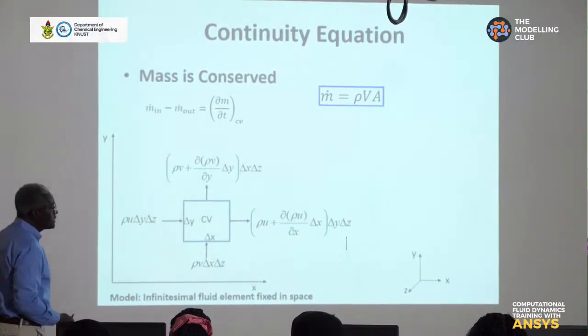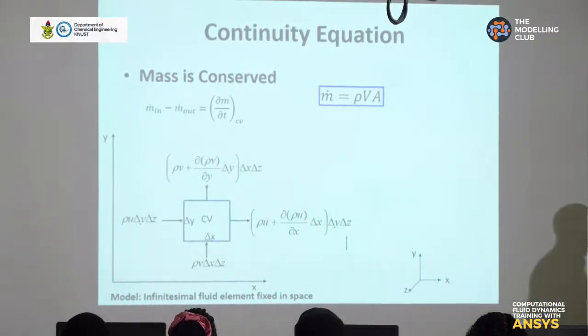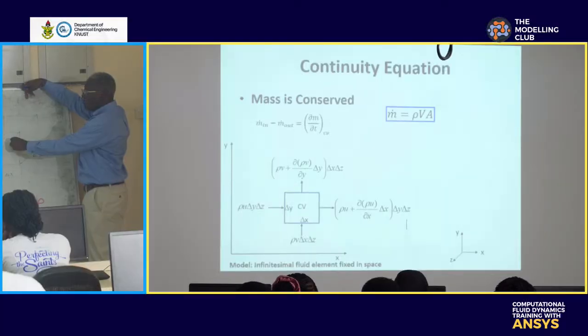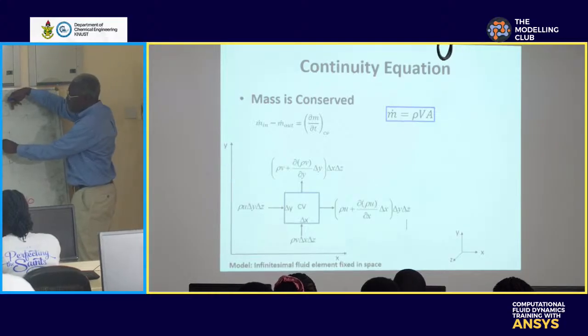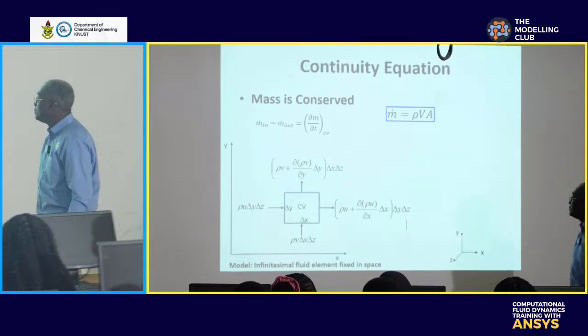Similarly, as we've looked at what is entering from the left-hand side of my cube to what is leaving from the right-hand side, I can also look at the bottom and the top, and also the faces into the board and out of the plane of the board.